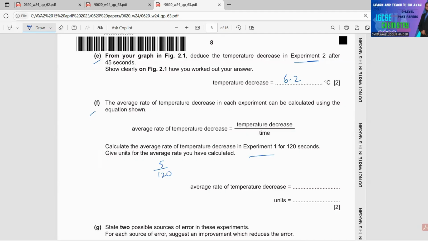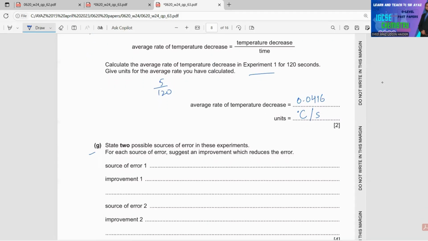So the average rate is 5 divided by 120, 0.0416 centigrade per second.